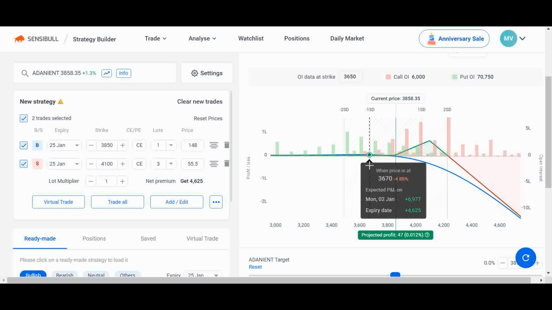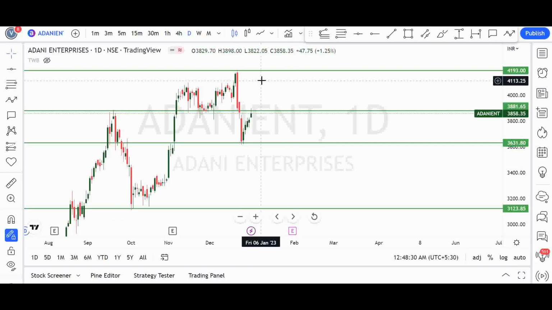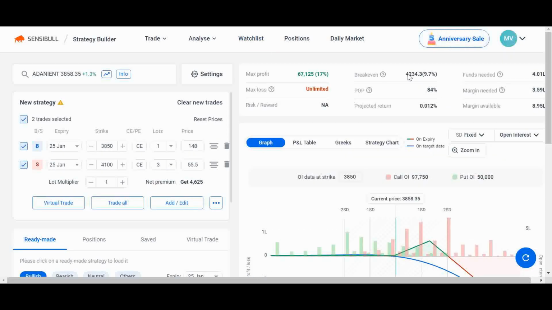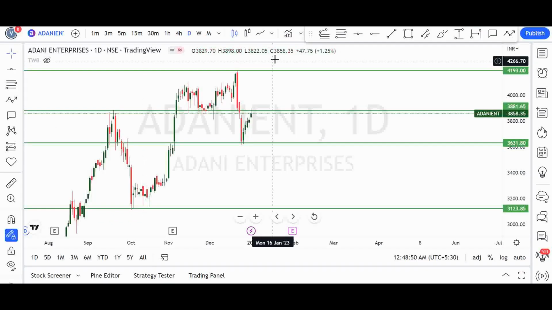But in case your view is wrong and the market touches the previous resistance level, let's say 4,100, then you get your maximum profit when the market reaches the strike price of 4,100. If it goes beyond that, you can see your breakeven is 4,234, which I think is a new high.